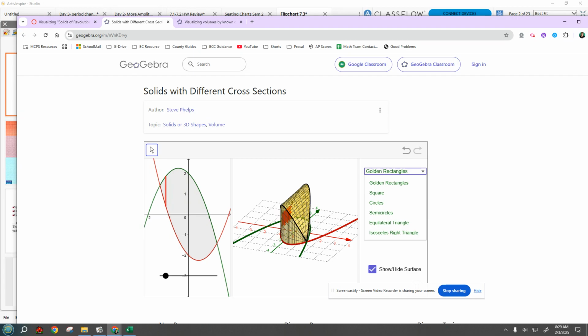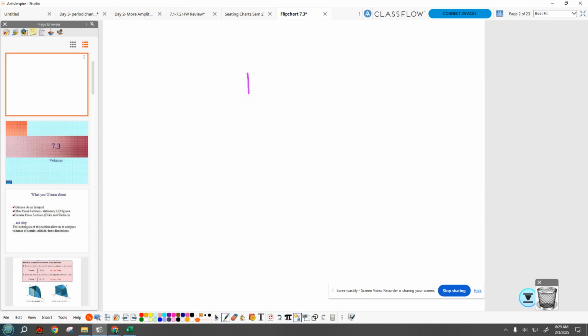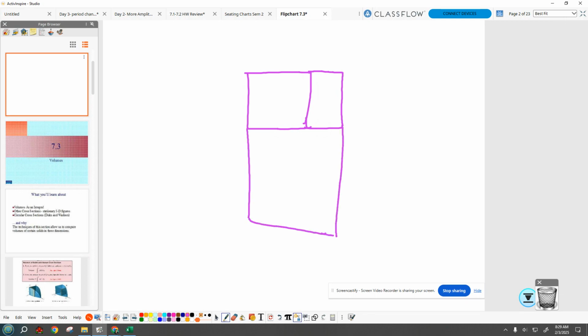Do you guys know what golden rectangles are? They're cool. If you have a square and a rectangle glued on, and then you make another square that shape, it's a golden rectangle.